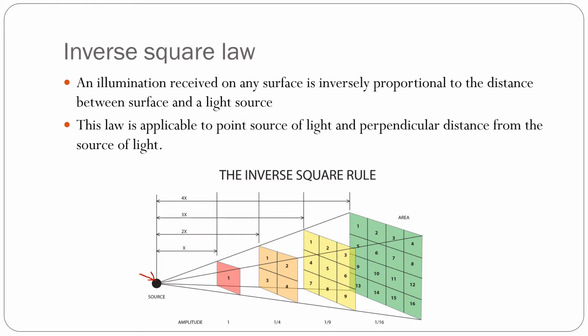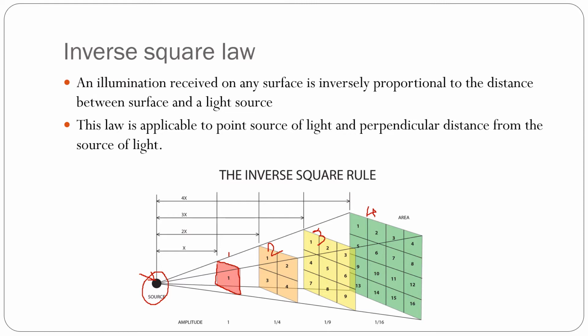So we just consider that this is the area. Here we take a point source as a light source, and we consider areas 1, 2, 3 and 4, parallel to each other.